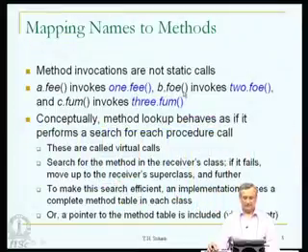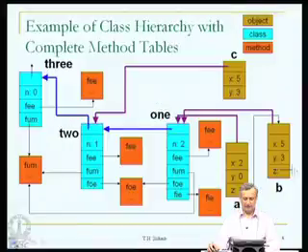B dot 4 invokes 2 dot 4. So, let us see what happens to B dot 4. B is here, 4 is inherited from 2, there is no local redefinition of 4 for 1. So, when we say B dot 4, it is really 2 dot 4 which is being called.